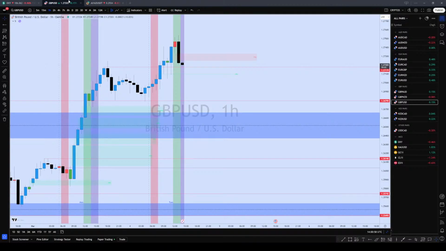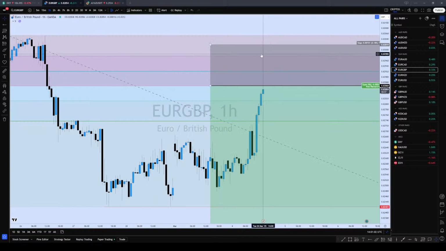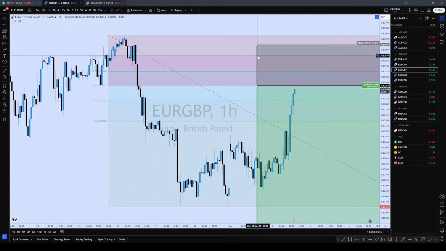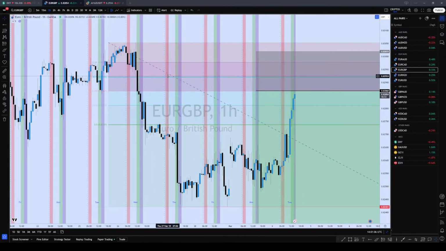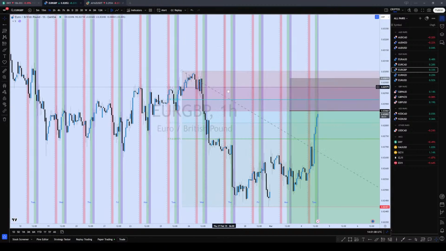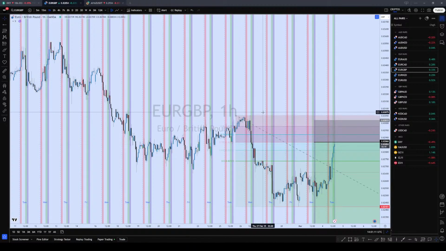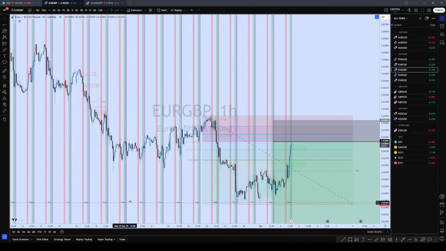So let's go back and talk about Euro Pound. Euro Pound is approaching that level. Based on the explanation that I gave, it has the potential to go up here and then run down again.